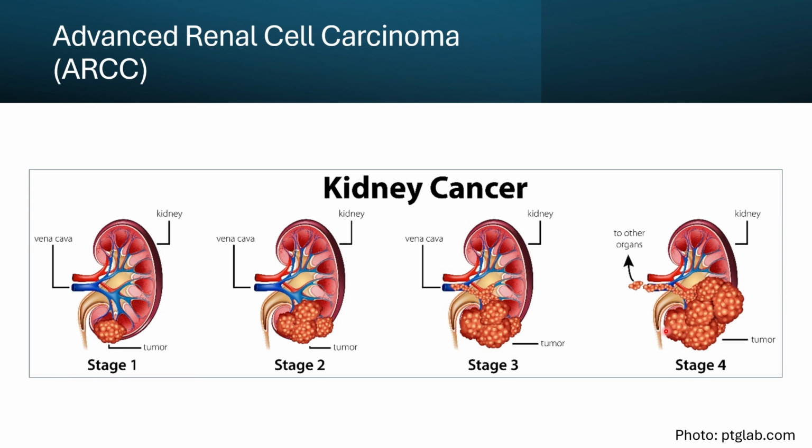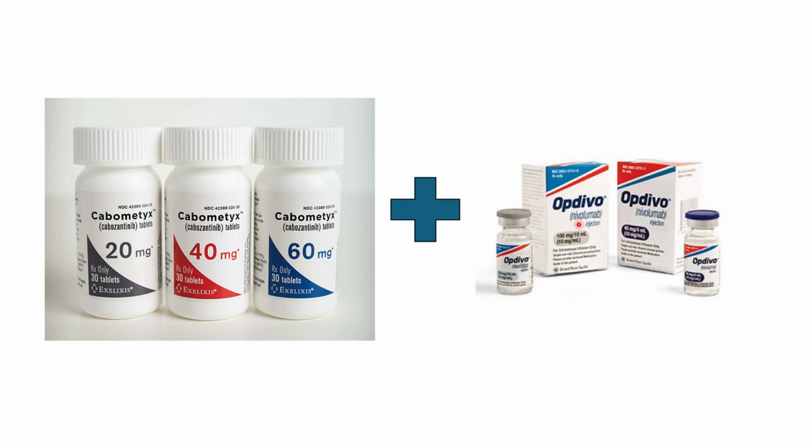Stage 4 means that the tumor has multiplied into more tumors and begun to spread to other areas of the body. Cabometyx, alongside nivolumab, brand name Opdivo, is the first line of therapy for ARCC, making ARCC the more flagship and advertised indication for Cabometyx.